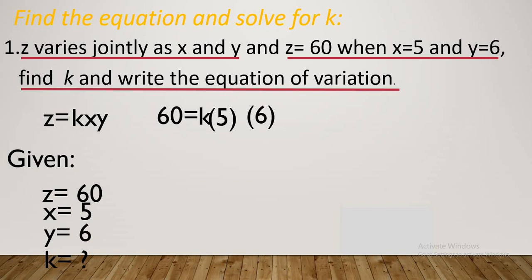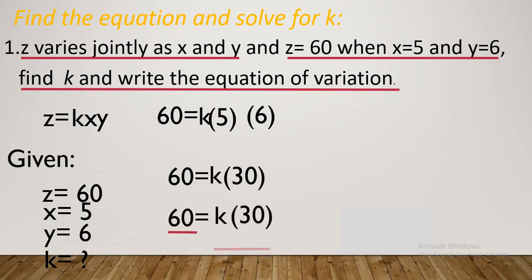So we multiply first 5 and 6. Our equation will become 60 is equal to K times 30. What we are going to do is use the division property of equality. We divide both sides by 30 to cancel this part.